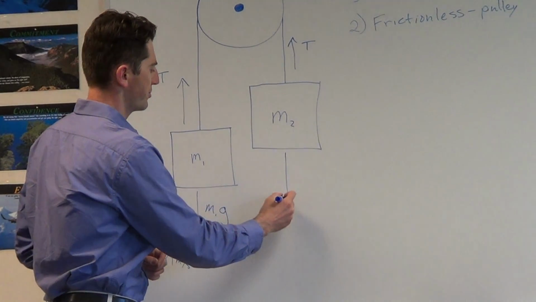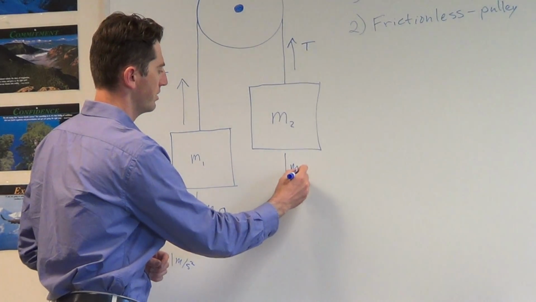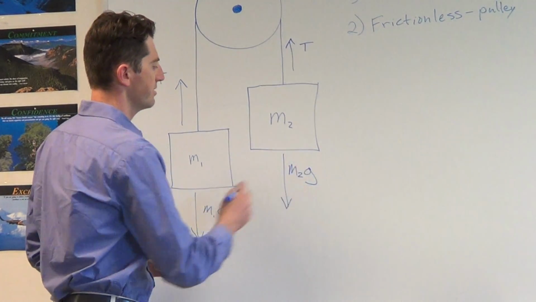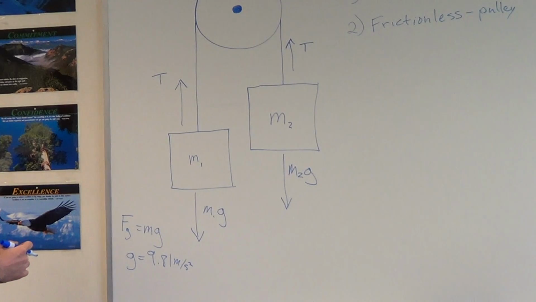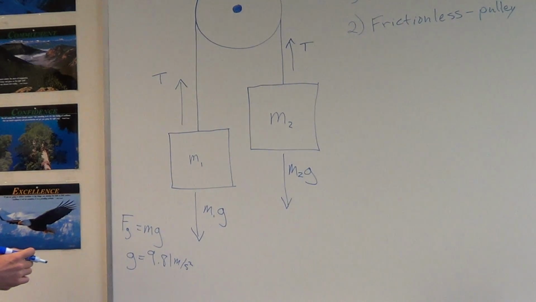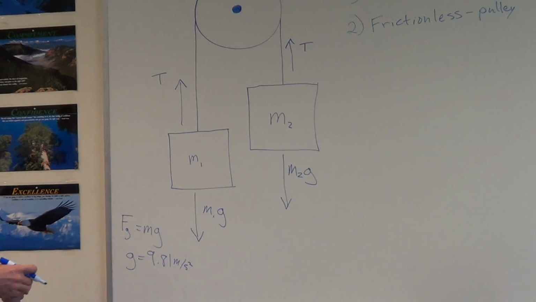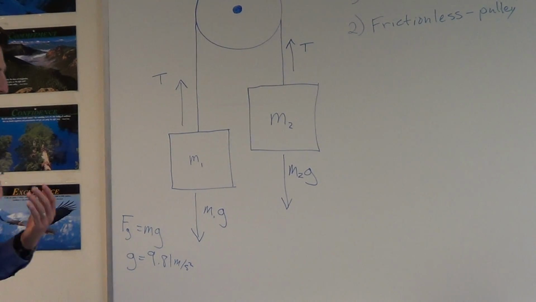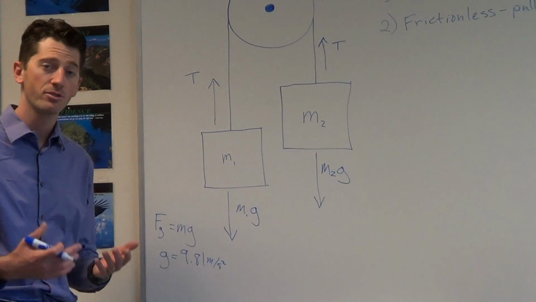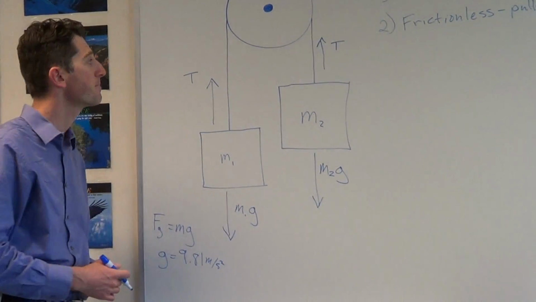And we'll label this force going down here as m2 times gravity. And this will be in newtons. The mass should be kilograms, and g is going to be meters per second squared. You have kilograms times meters per second squared, you're going to get a newton.